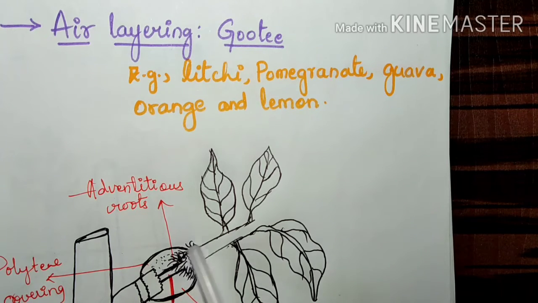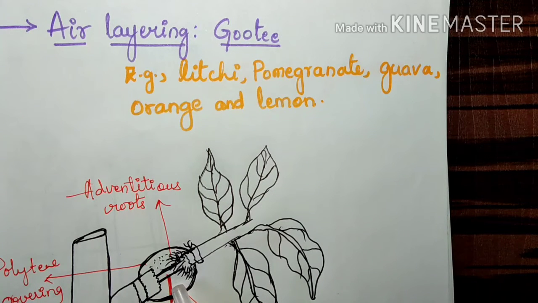So here a ring of bark is removed, and it is covered by a thick plaster of grafting clay.